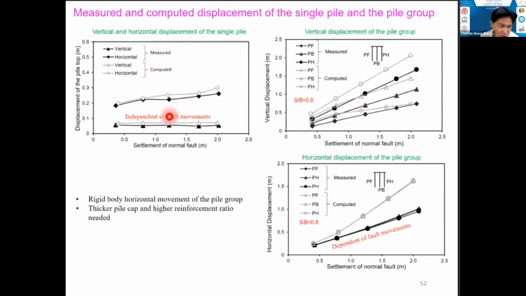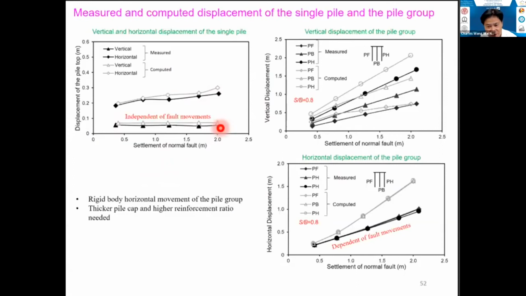For the single pile, the measured vertical settlement compares well with the computed settlement using the FLAC 3D program, and the settlement magnitude increases corresponding with the magnitude of the normal fault. But interestingly, the horizontal movement is independent of the magnitude of fault movement.